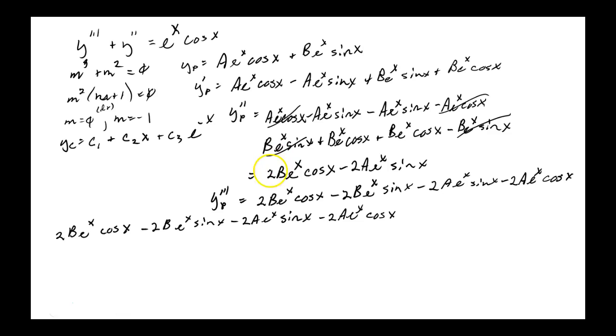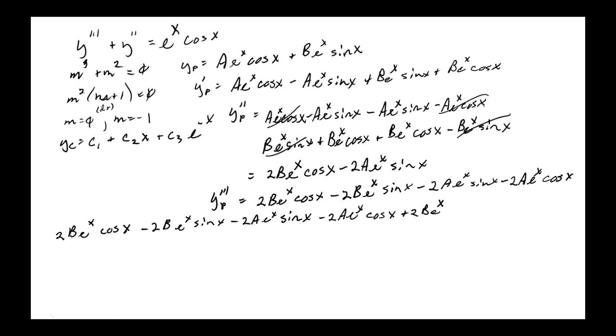Plus y double prime, which is the line just above it, which is plus 2b e to the x cosine x minus 2a e to the x sine x. Okay? And evidently all that's supposed to equal e to the x cosine x.